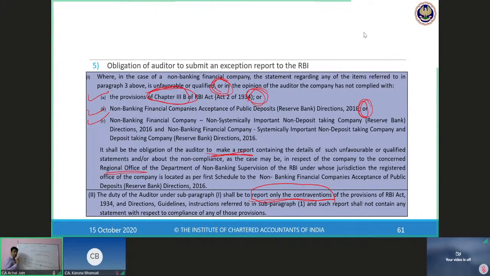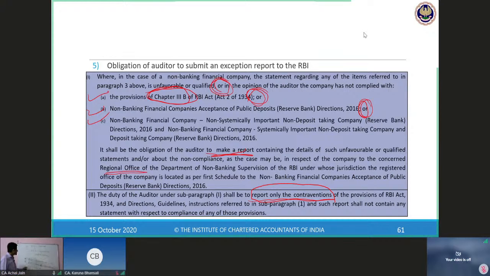So this point seems to be correct. The moment we say auditor will need to report and that will be unfavorable, option number B automatically goes away because these are mutually exclusive. So in this case, it is easier for us to find the right option. Option number A seems to be perfect right now. But we also need to go through option numbers C and D. As of now, option number A seems to be the correct answer.